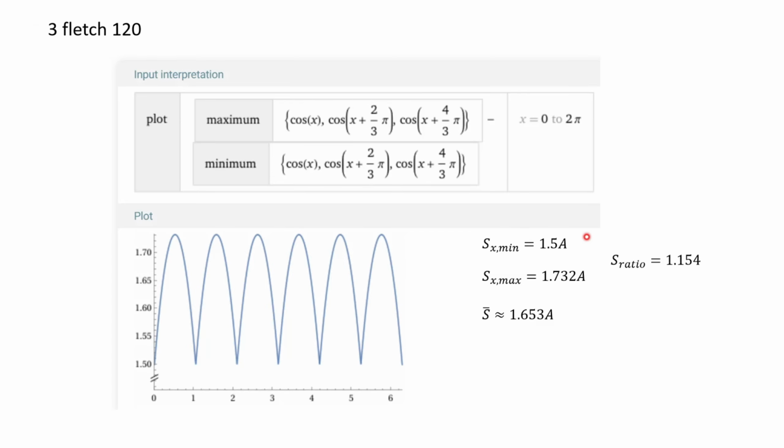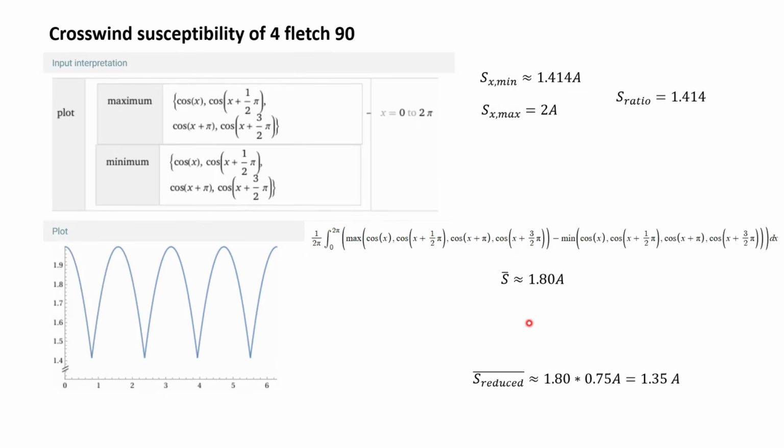You have a minimum cross-section area, a maximum, and an average. Okay, this is the average area exposed to crosswind for a 3-fletch setup, 1.653A. What about 4-fletch? The average is 1.8A.